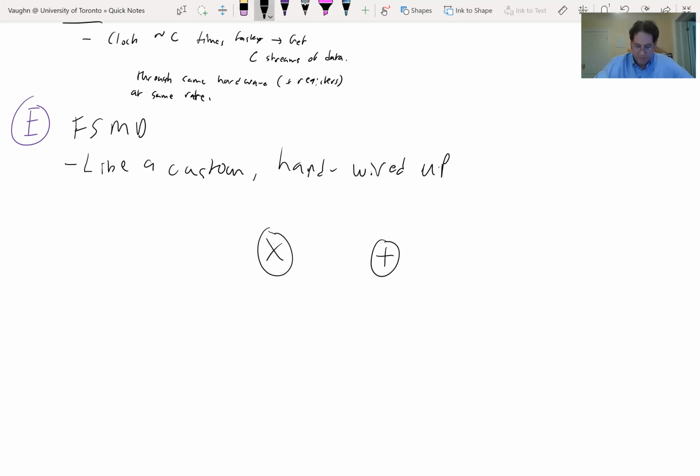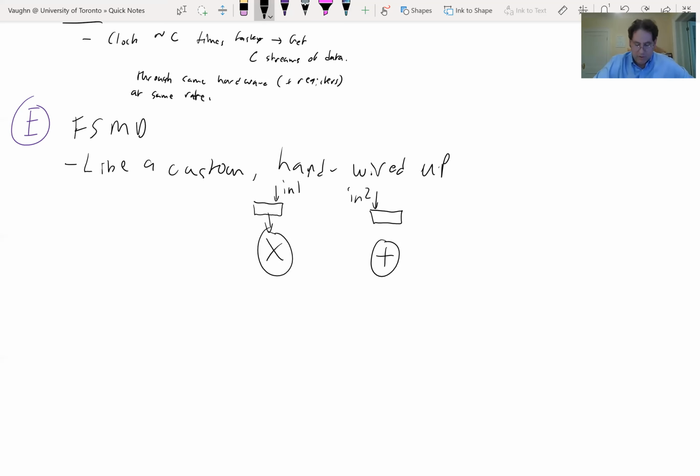So I need to finish my data path. I've got a multiplier, I've got an adder. I need to choose what goes into these things. So I'm going to make some multiplexer that's going to allow me to choose what goes in. And let's say I've looked at my computation and I've worked out that I sometimes need to bring an input in from elsewhere, maybe the outside world, maybe some other module in my design.